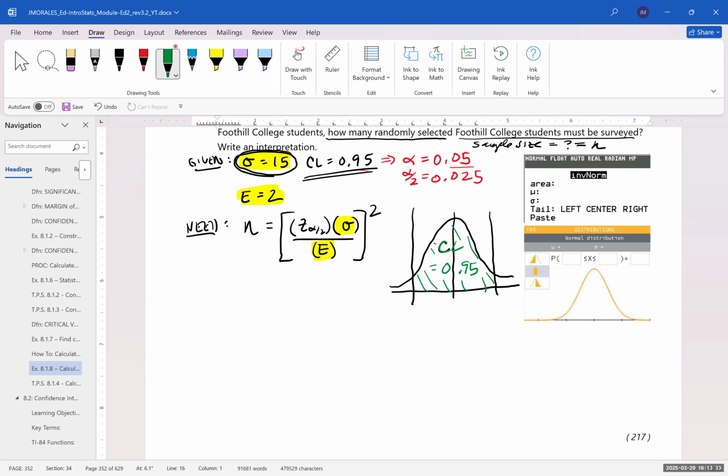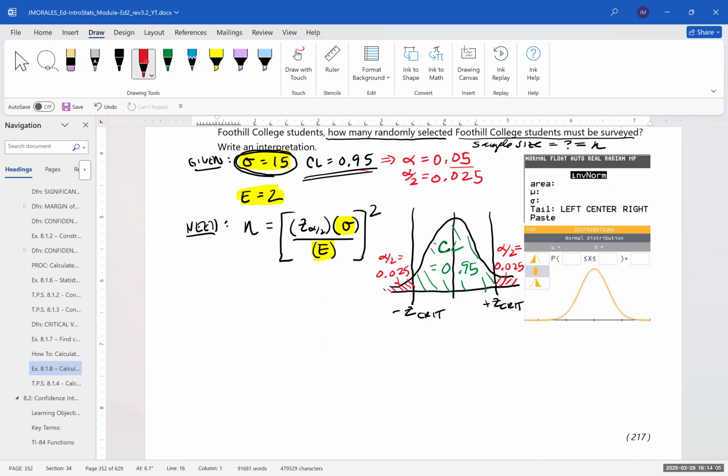So this area between those two critical values, this is our positive Z critical value. There's our negative Z critical value. And the area in each tail is the significance level divided by 2, which is 0.025. That's that area. And on this side, it's 0.025. That's the area in that tail. All right, good.